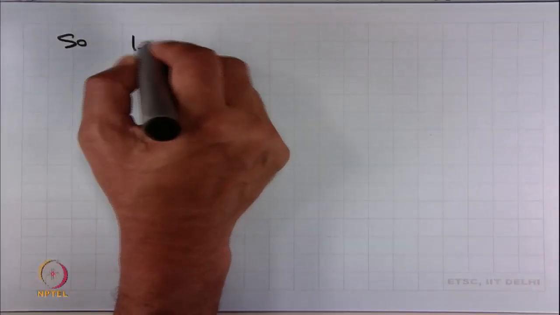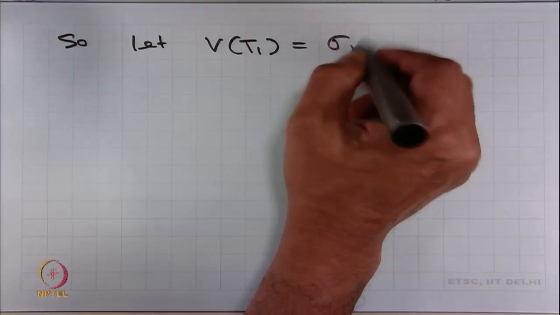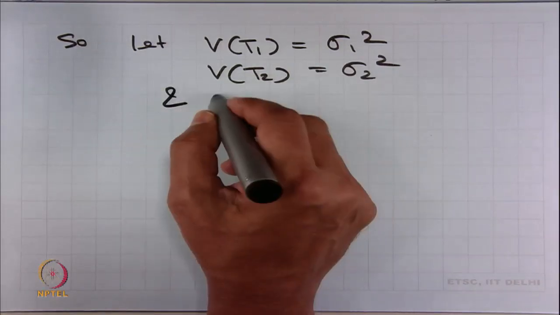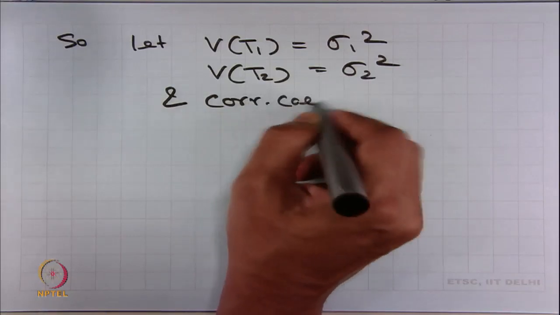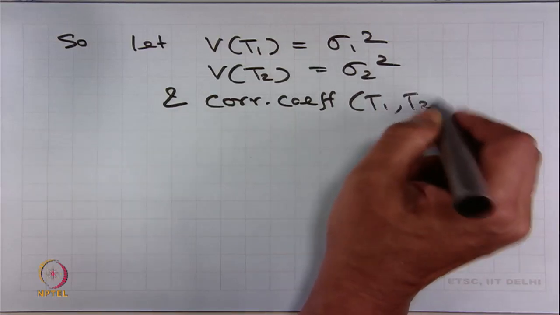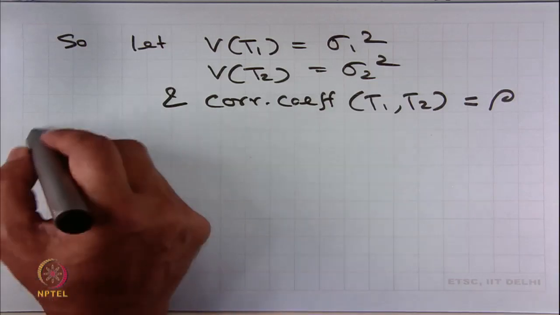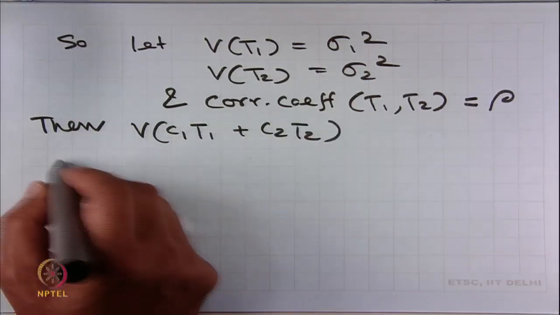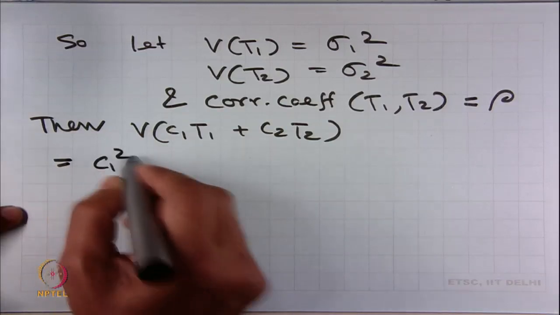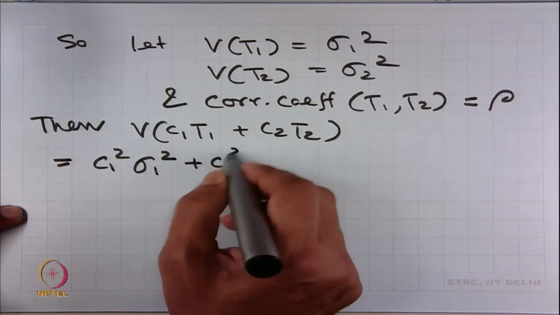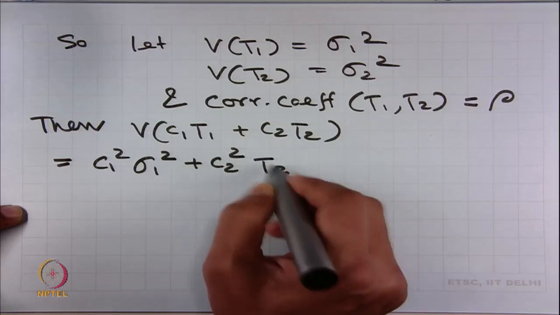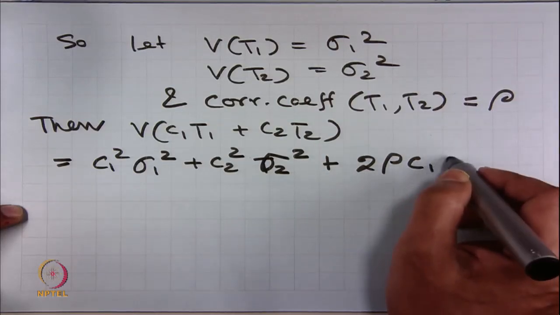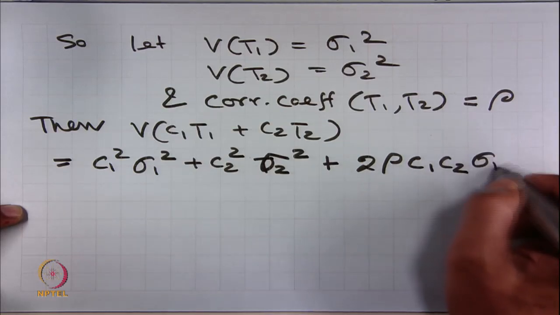So, let variance of T1 be sigma 1 squared, variance of T2 be sigma 2 squared, and correlation coefficient of T1 and T2 be rho, then variance of C1 T1 plus C2 T2 is equal to C1 squared sigma 1 squared plus C2 squared sigma 2 squared plus 2 rho C1 C2 sigma 1 sigma 2.